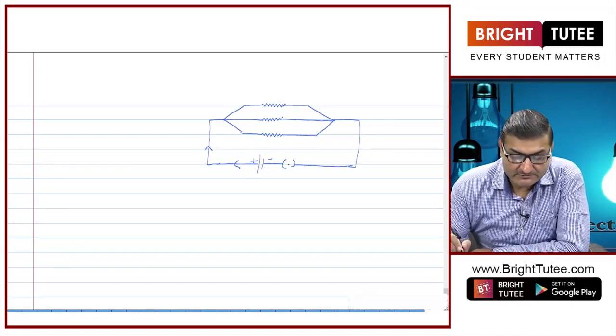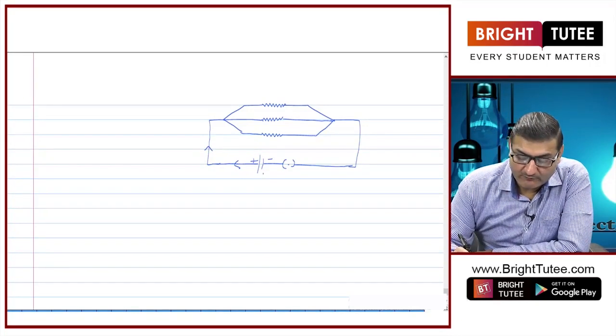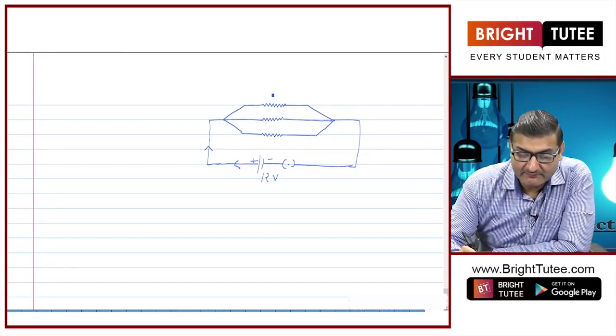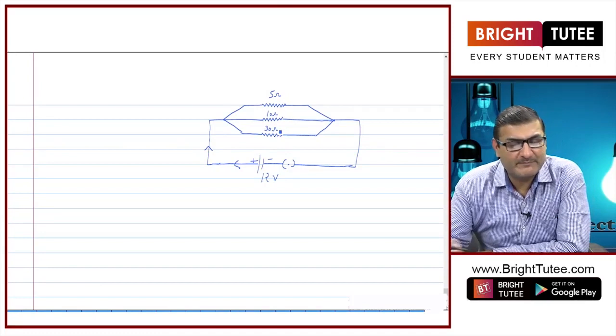Now, in the first question we are given 12 volts. I am given the first resistance value 5 ohms, second resistance value 10 ohms, third value 30 ohms, maybe any.